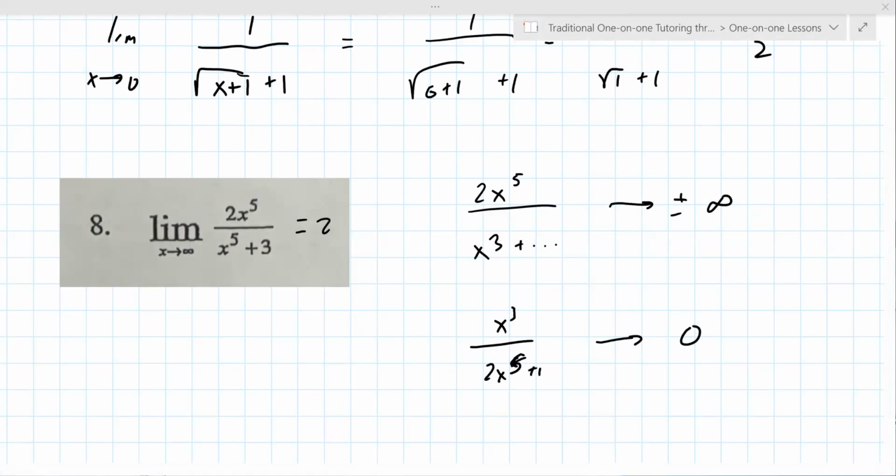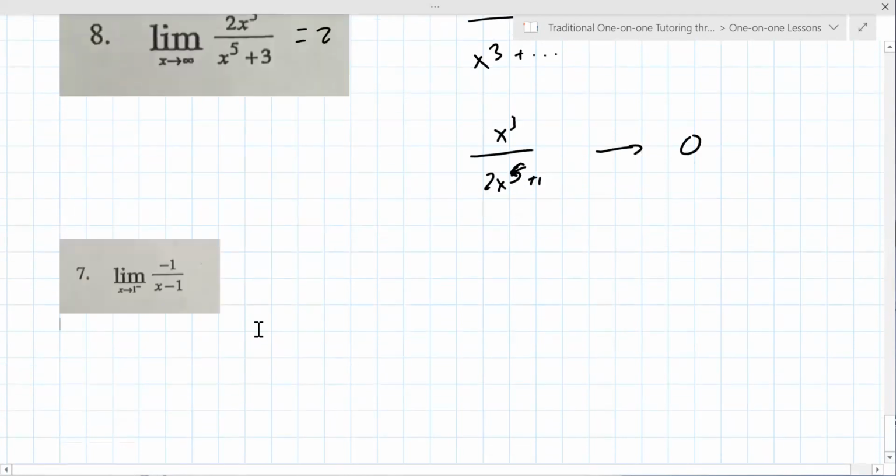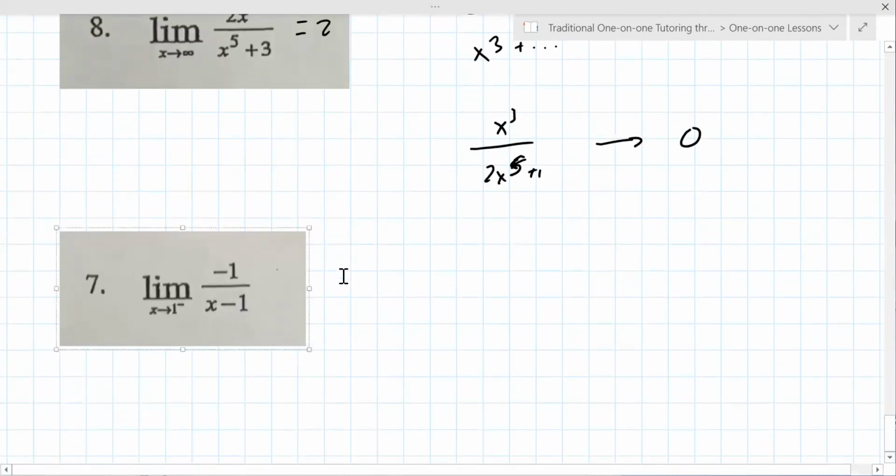Let's look at 7 next. Is that okay? Yeah. This one, if you had a graph, and I don't know if you're allowed to do this, but if you were able to quickly graph this, you would see that normally it's up here and down here, but it flips.